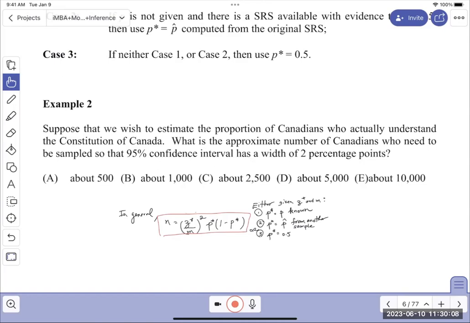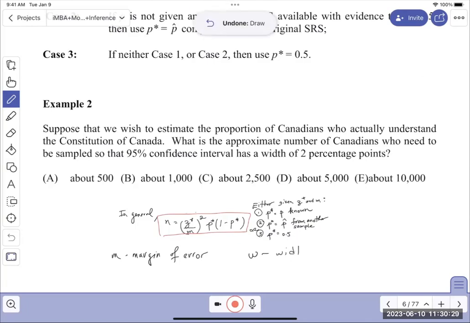Okay, so M. M is the margin. You're not told about the margin, you're given W, the width.